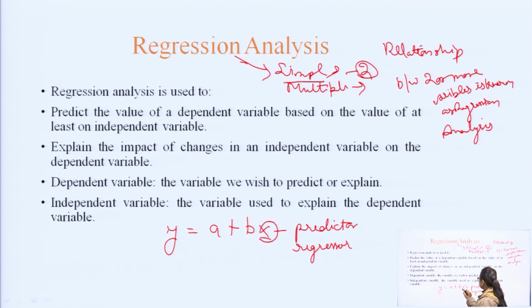The known value is known as the regressor, here x, and we have to find y. Y is the unknown value and it is known as the regressed. A is the intercept and b is the slope.